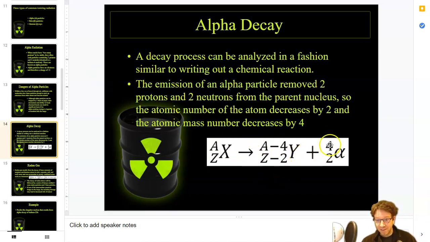Okay? And because conservation has to apply, the new element we get, we can easily figure out what it is by simply subtracting 2 protons from the previous nucleus and 4 protons/neutrons from the previous nucleus.